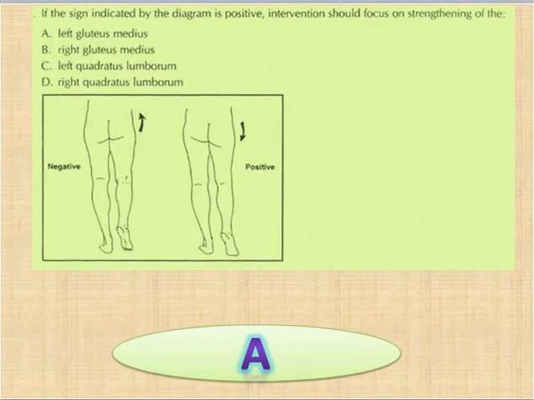Next: if the sign indicated by the diagram is positive, intervention should focus on the strengthening of option A, left gluteus medius, B, right gluteus medius, C, left quadratus lumborum, D, right quadratus lumborum.